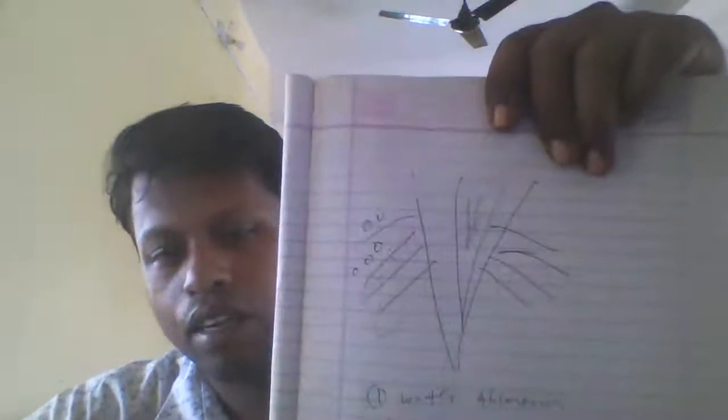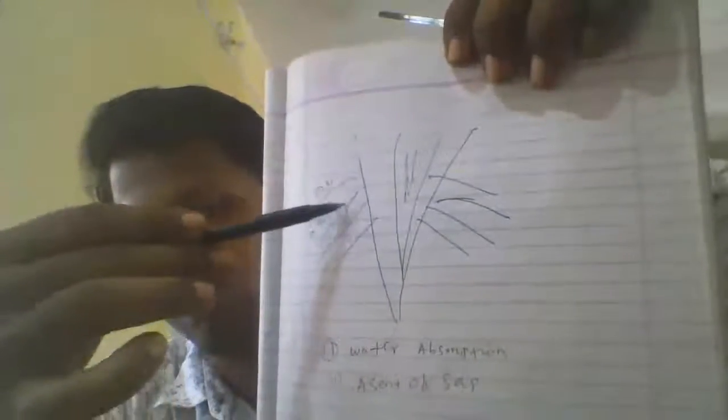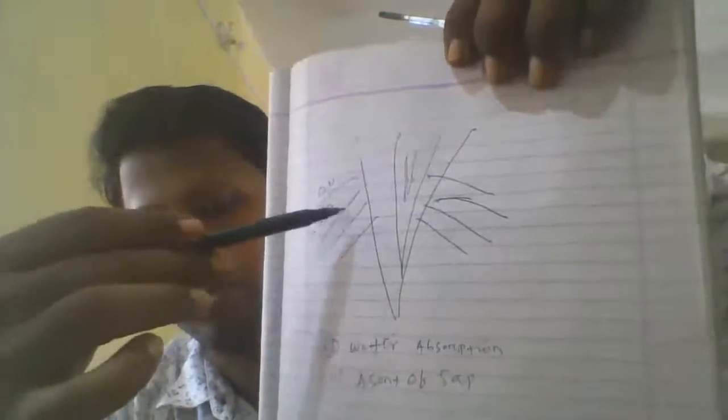I think this diagram is clear, and you are observing it. This is the diagram of a root, and this root contains the root hair through which water is absorbed and transported to the different parts of the plant body.